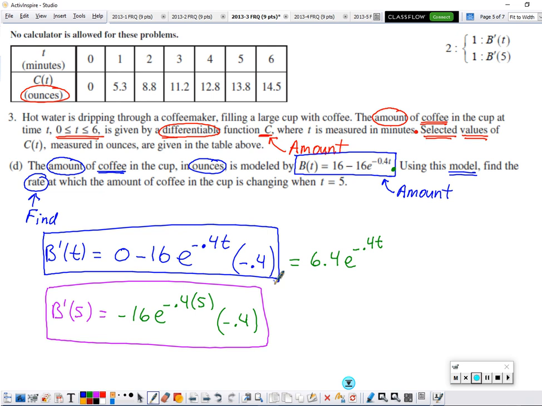Their instructions said to use the model. Does that make sense? I didn't write B prime of 5 equals. I think they'll forgive you, but I would develop that habit, just saying for everyone. It just makes me a little nervous.